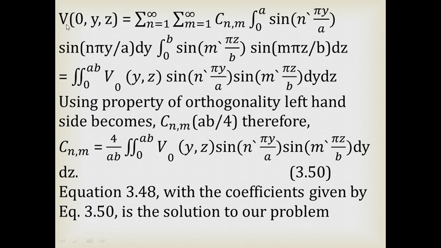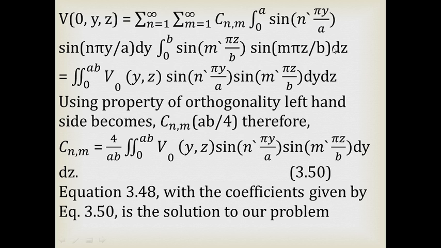Substituting in this equation, V of 0, y, z is equal to double sum, n is equal to 1 to infinity, m is equal to 1 to infinity, C nm, integral 0 to a, sine n dash pi y upon a, sine n pi y upon a dy. That means this is the integration over y. Similarly, there is another integer m, so we are taking the integration from 0 to b, sine m dash pi z upon b into sine m pi z upon b dz.